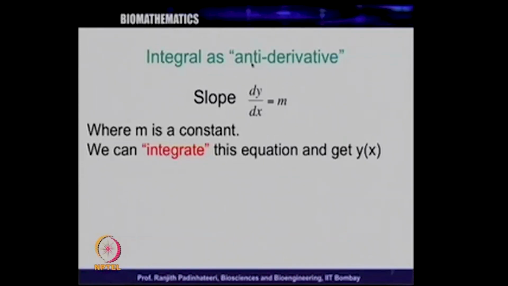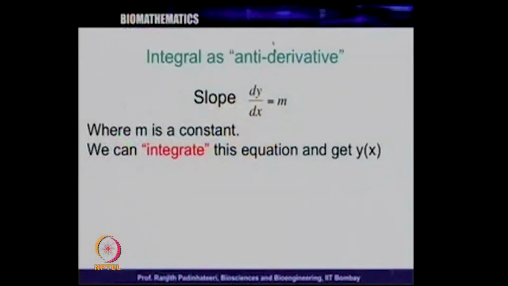Previously we said if you know the curve, you can find the slope, and that technique of finding the slope was called derivative. Here, if we know the slope, we have to calculate the nature of the curve itself, the function itself. That is the opposite process of derivative. So one could call integral the anti-derivative.